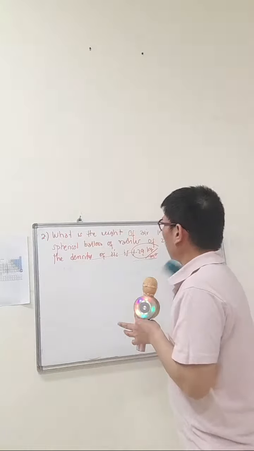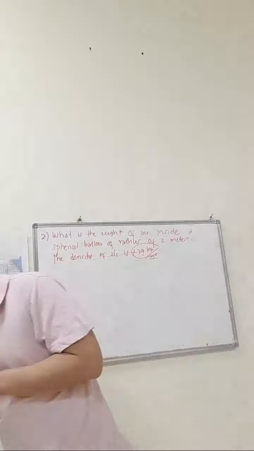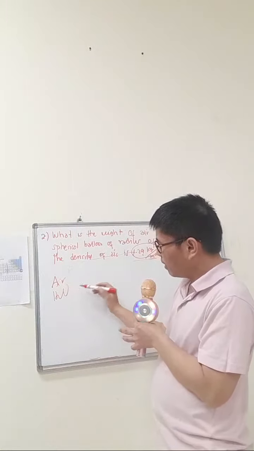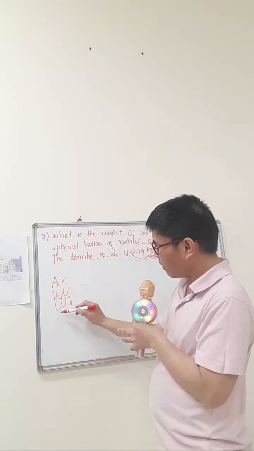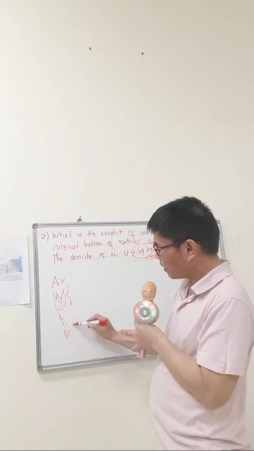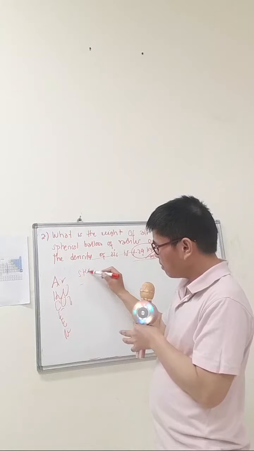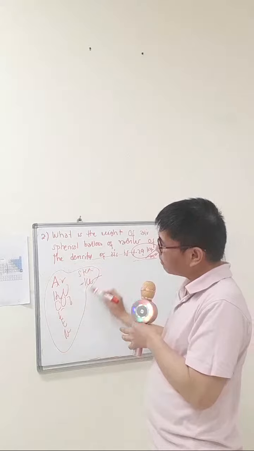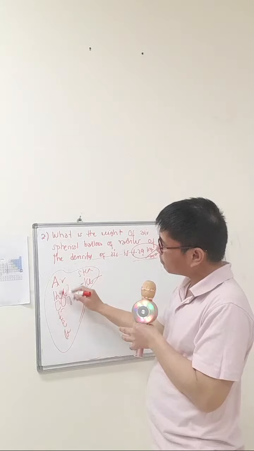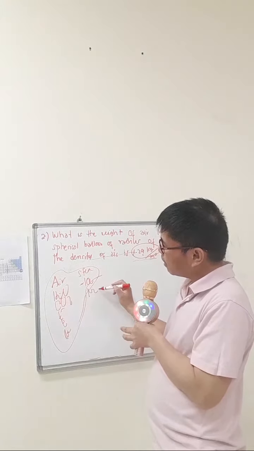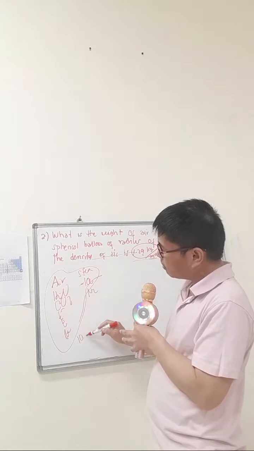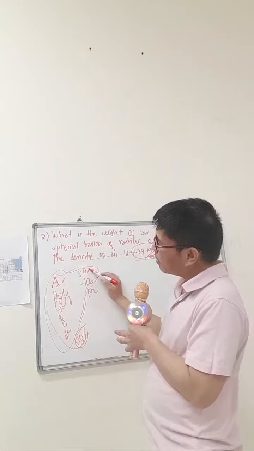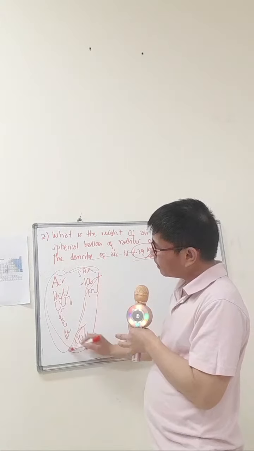So what are those? The common ones: air, water, carbon dioxide, ethyl alcohol, ethanol, refrigerant, steam, ice, or nitrogen. At least you have 10 common substances. You memorize the physical and chemical properties for these, then bingo.